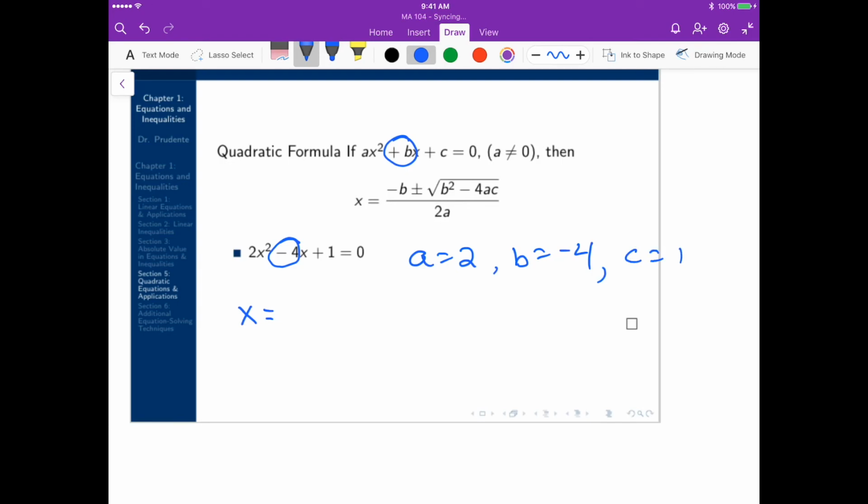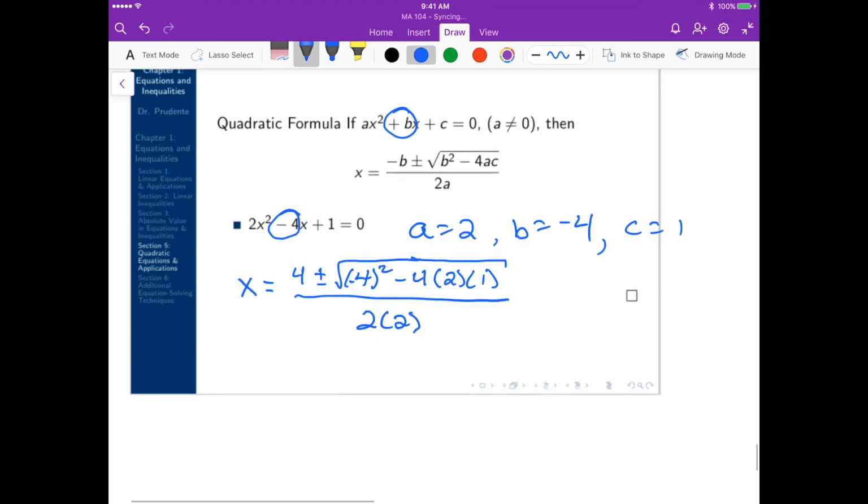We can just replace the values. So negative b is positive 4, plus or minus the square root of negative 4 squared minus 4ac, we'll extend that, all over 2 times a.